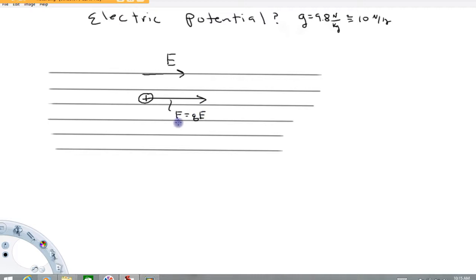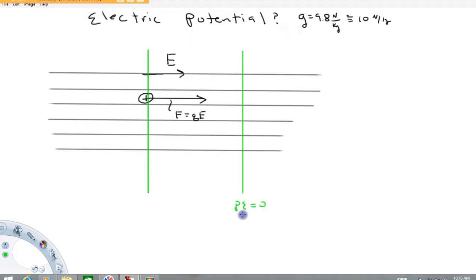We can define a potential energy for this force because this force is a conservative type of force. Now, I'm going to save that reason for another video because I don't want this to get too long. For now, I'm just going to ask you to take my word for it. We can define a potential energy for this force, and that potential energy is going to be the same anywhere along this path. Now, I'm going to draw a datum here and call this potential energy 0.